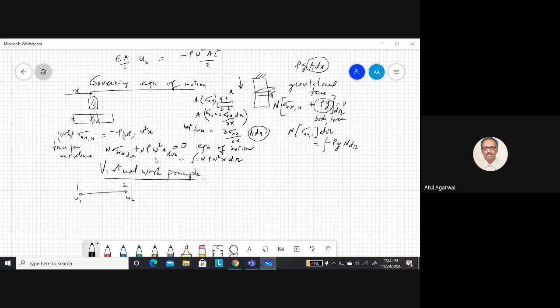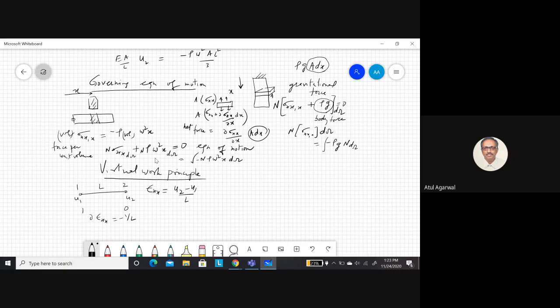Then you apply virtual displacement 1 and 0. Then what is the virtual strain in this case? Minus 1 by L, because this is going inwards. This length is L. What is the actual strain? U2 minus U1 by L.